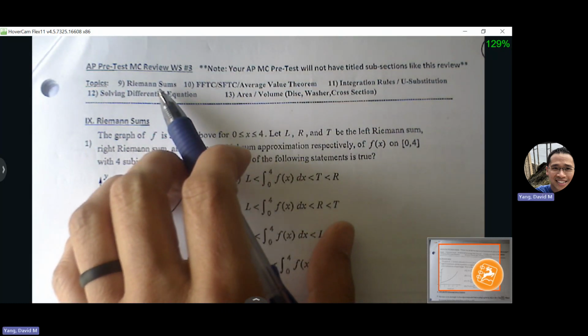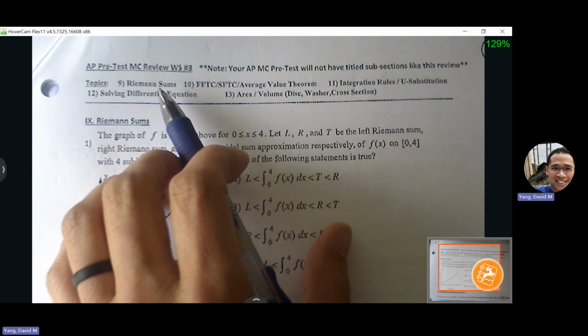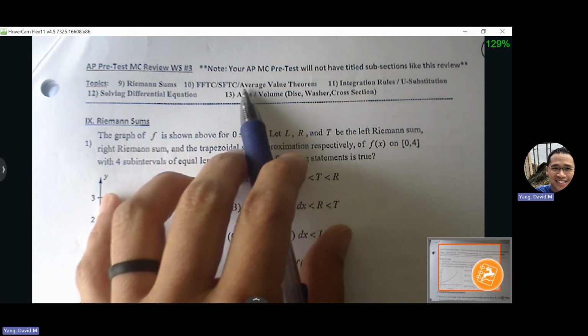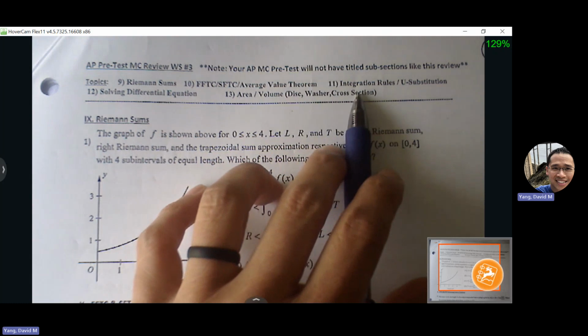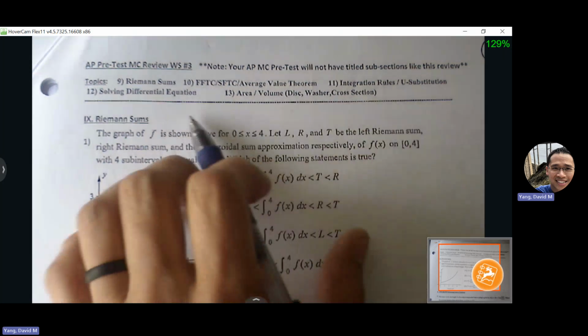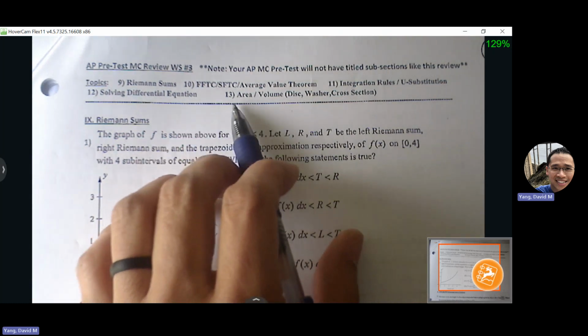We have Riemann sums, like left rectangle, right rectangle, middle rectangle, trapezoids, approximation, first theorem, second theorem, average value theorem, integration rules, and also use substitution, solving differential equations, and then area volume.